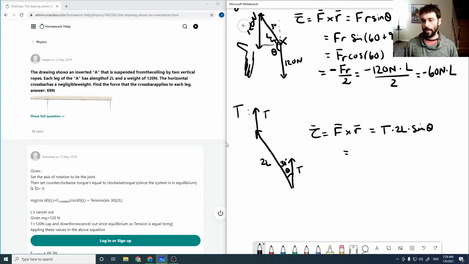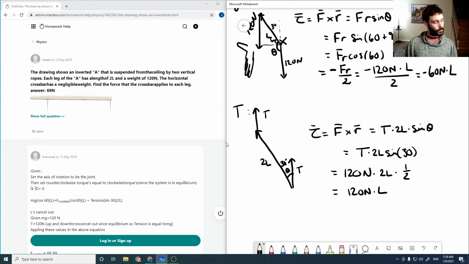And we have all of our values. So that's T times 2L times sine of 30. Sine of 30 is a half, and our tension value is found as 120. So 120 newtons times 2L times a half, which is 120 newtons times L. Okay, so then there's all of our torque values.